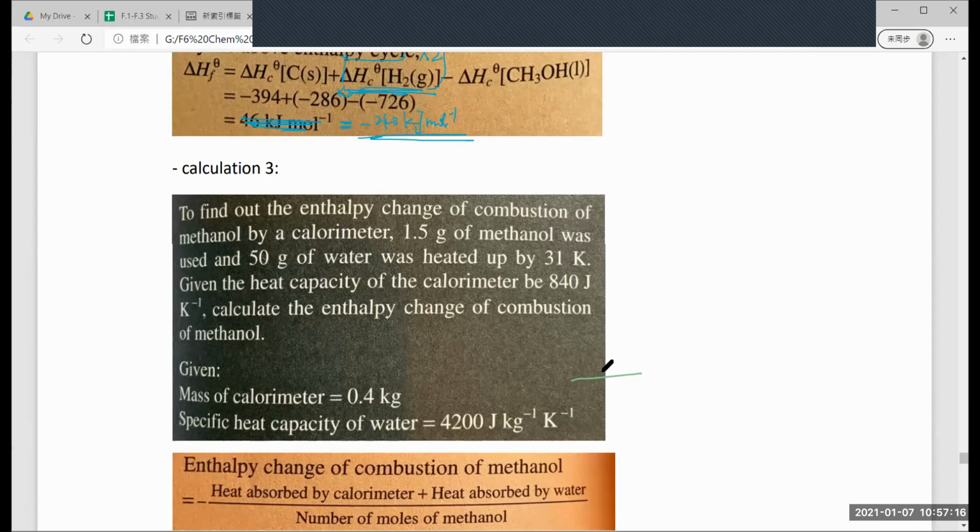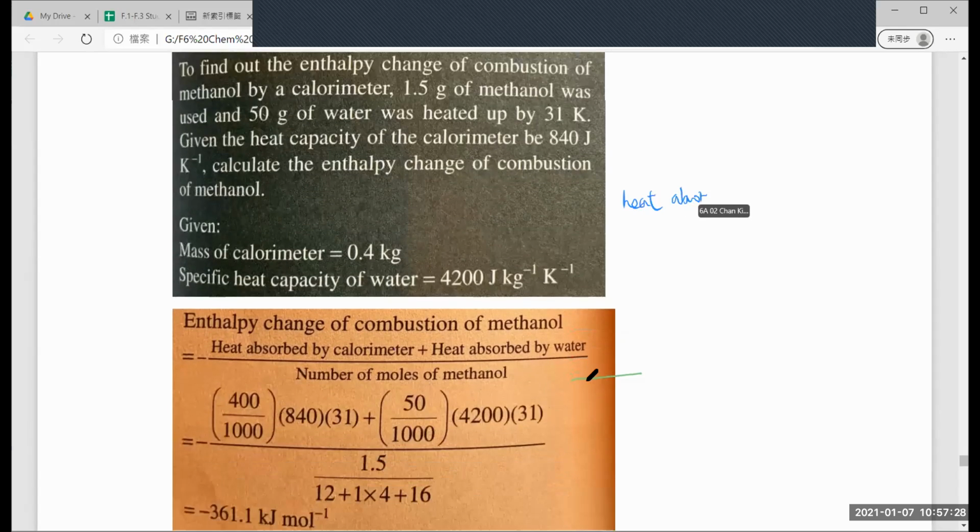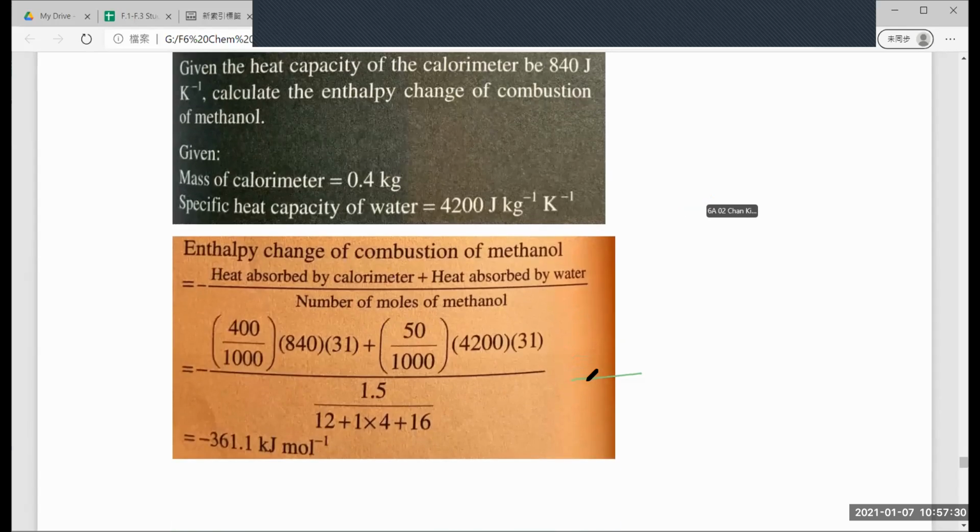Given that the heat capacity of calorimeter is 840 joule per Kelvin, calculate the enthalpy change of combustion.